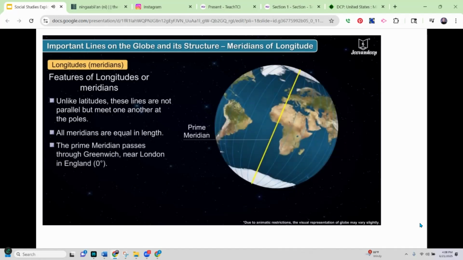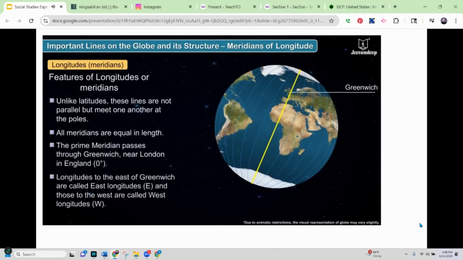The prime meridian is located at Greenwich, near London, in England, at 0 degrees. Longitudes to the east of Greenwich are called east longitudes, E, and those to the west are called west longitudes, W.